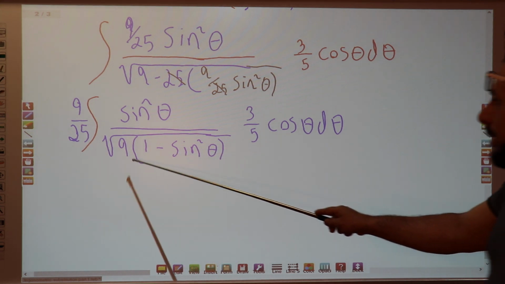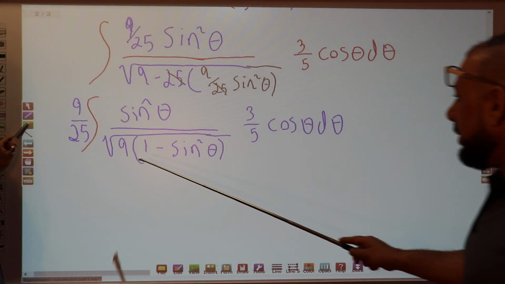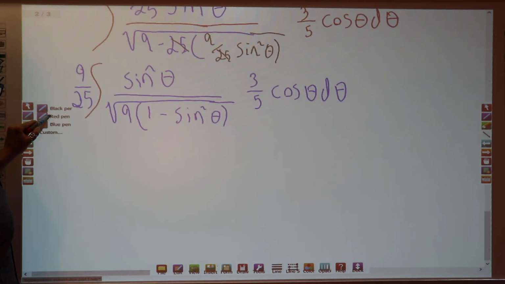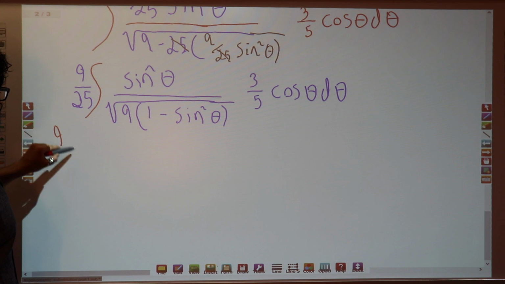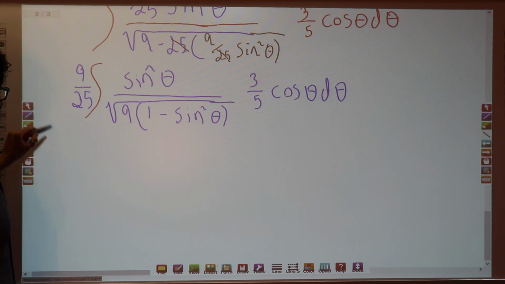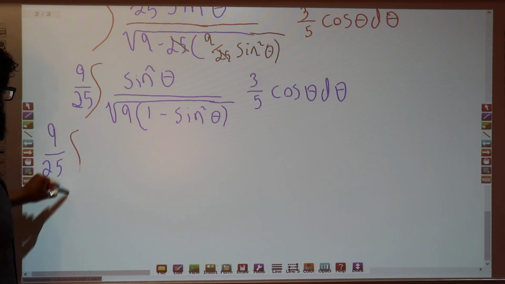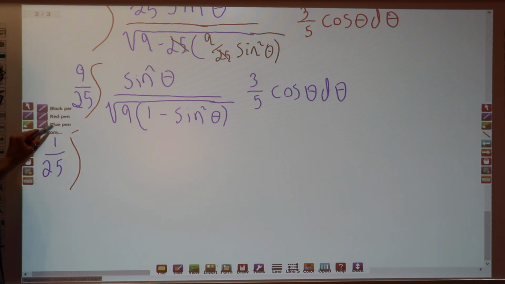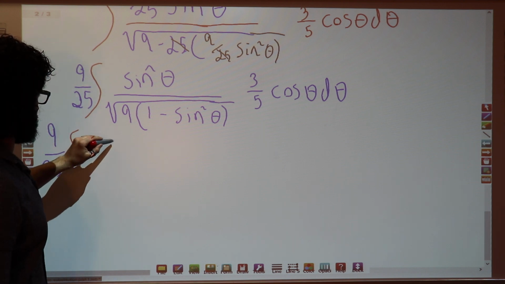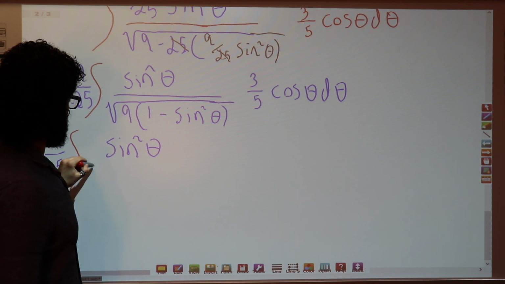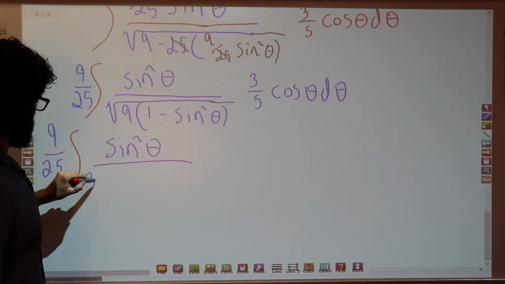Now, square root of 9 is what? Sine square theta over 3 cosine theta. Okay.